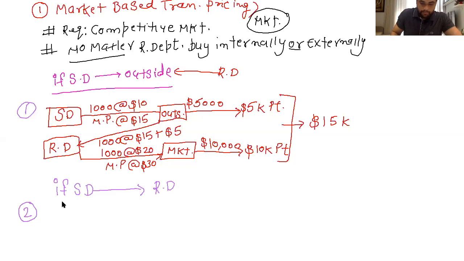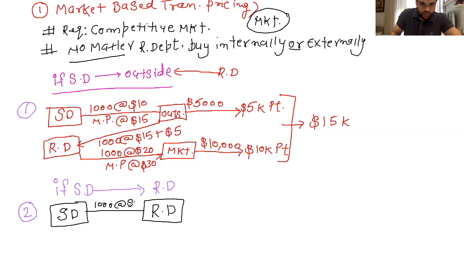So here we have a supplying division, and here we have a receiving division. Now, the supplying division is supplying to the receiving division 1,000 units at $10, and the market price is 15, the same example that I mentioned here.